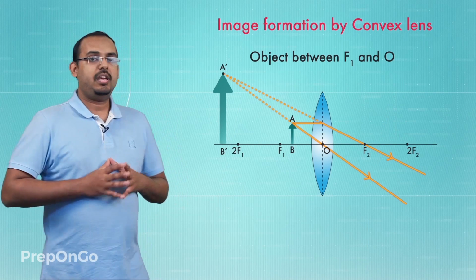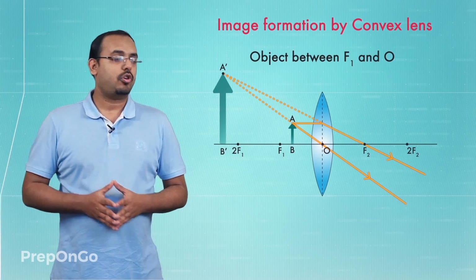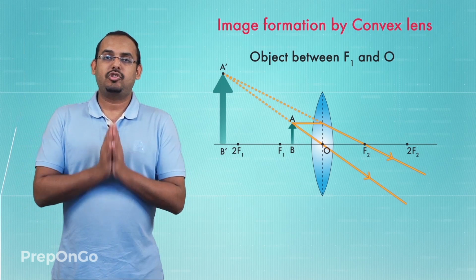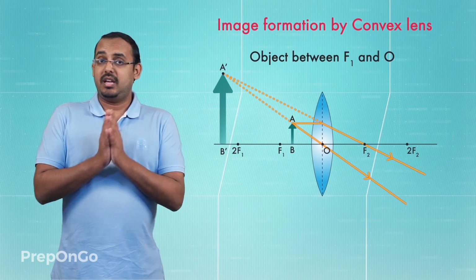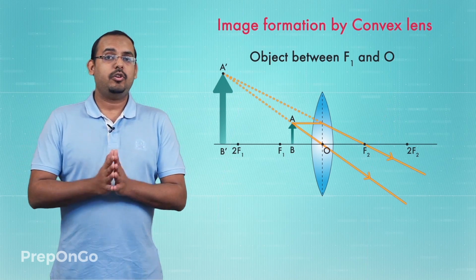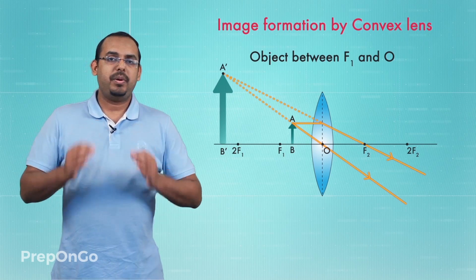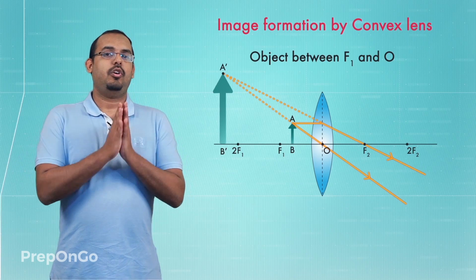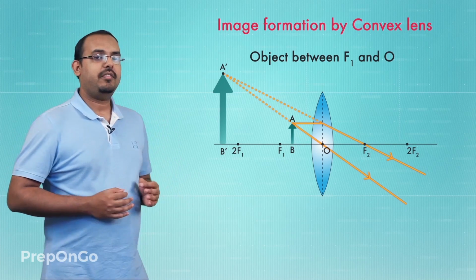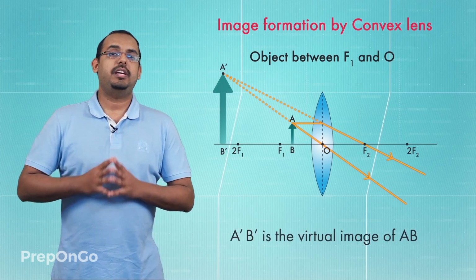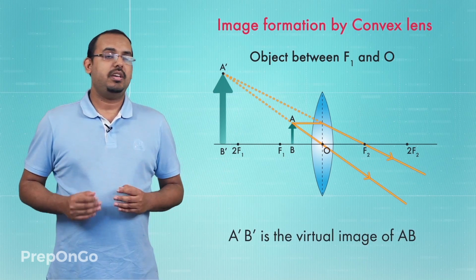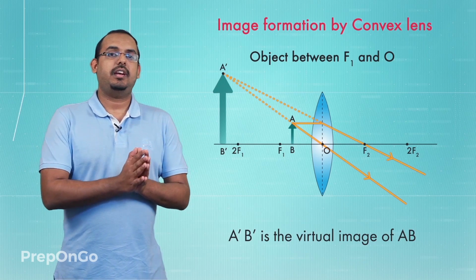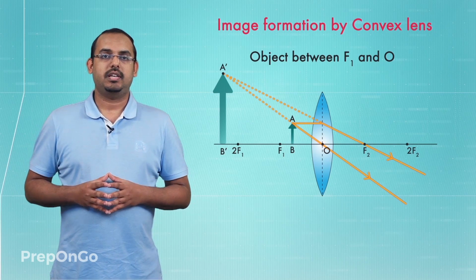This image A dash B dash of the object AB is virtual and erect, because it is not formed by the meeting of two refracted rays. It only appears that the image has been formed. This is the image of the object AB placed between the optical center and the focus of the convex lens.